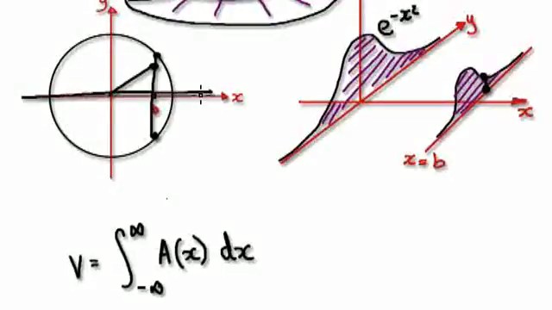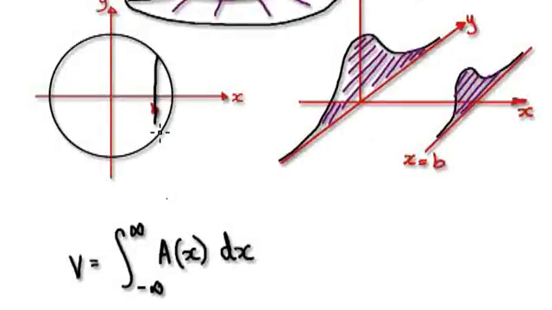So if you cut it along here, it will give you this cross-sectional area here. If you cut it at an angle, as long as it's through the origin, then it will give you this thing here. But then we cannot use this thing here to work out the height along here.